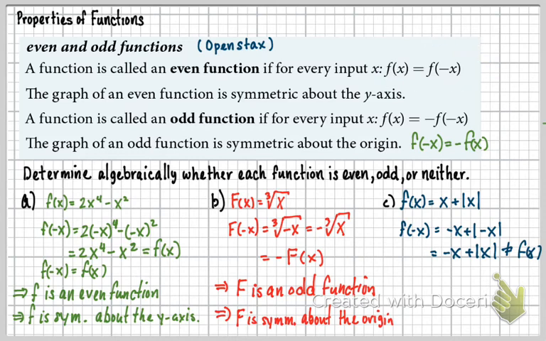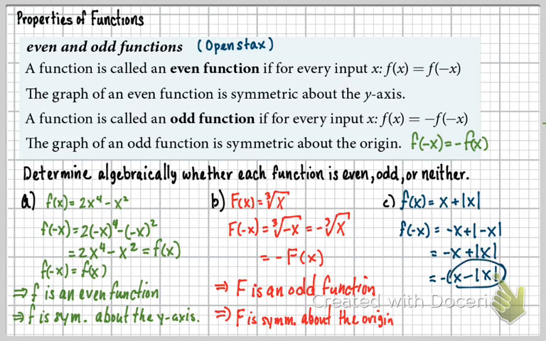Then what we look for next is whether it's going to be negative f of x. To figure that out, we would have to pull a negative out of this function. So I'm going to pull a negative out. This would be negative x, and then that would now be a minus, because that's a plus, absolute value of x.